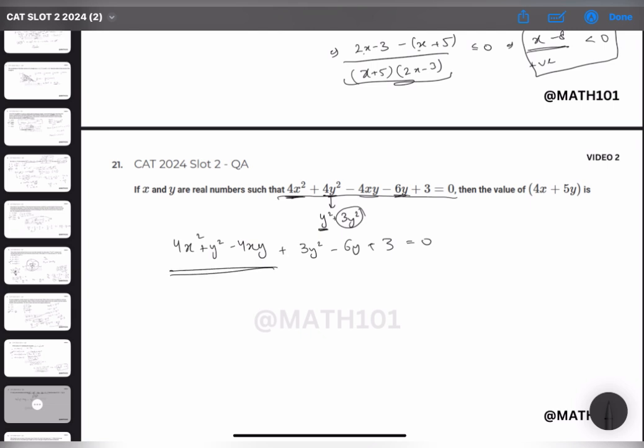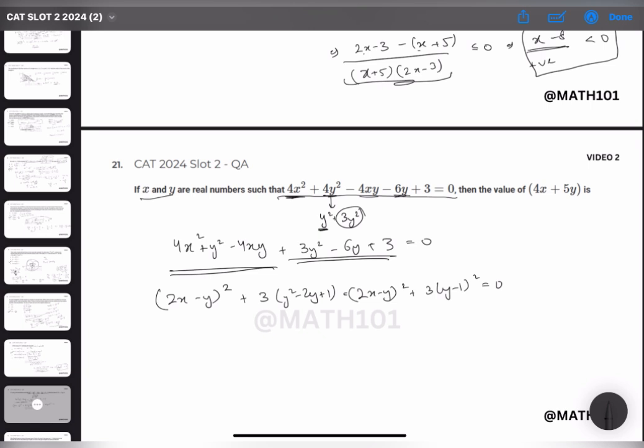Now notice that this becomes 2x minus y squared plus this thing becomes 3 times y square minus 2y plus 1, which is equals to 2x minus y squared plus 3 times y minus 1 squared. This is equals to 0.